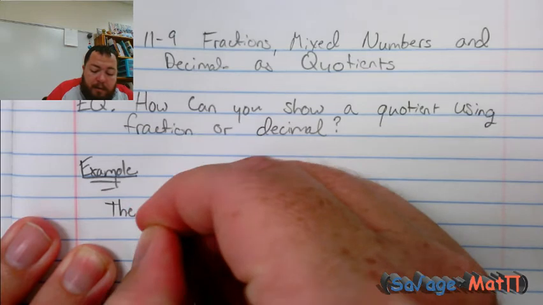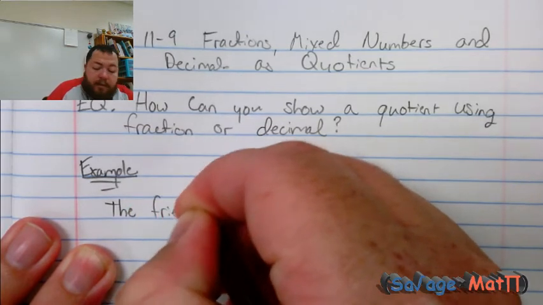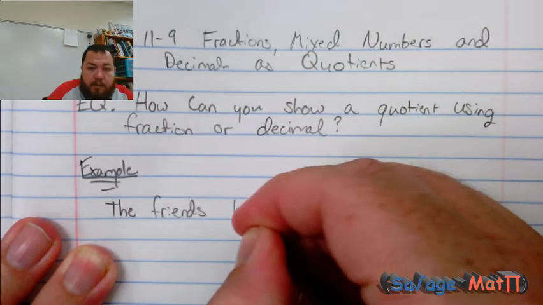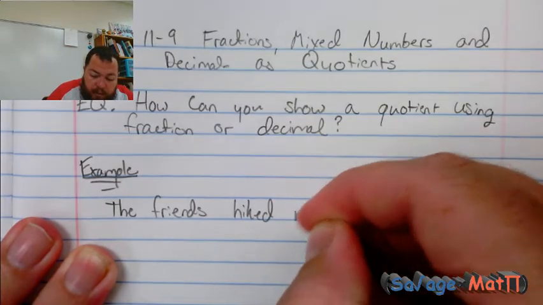Our example today is: the friends hiked 5 miles in 2 hours.